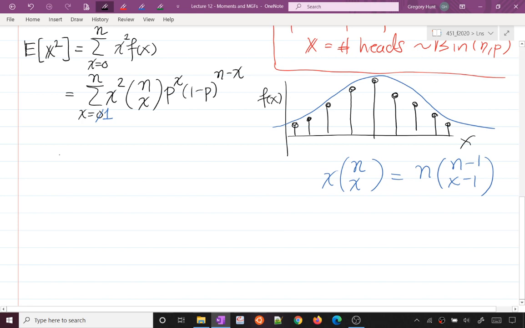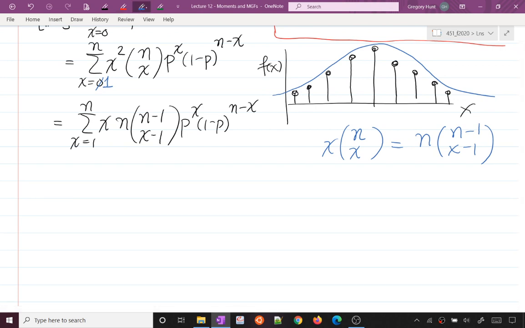So I can rewrite my sum, now starting at 1, and I'll have one x, but then I can change x times n choose x to n times n minus 1 choose x minus 1. And I still have my p to the x, and I have a 1 minus p to the n minus x.